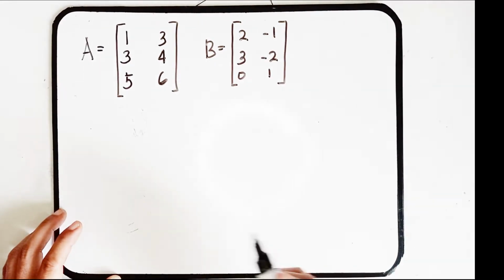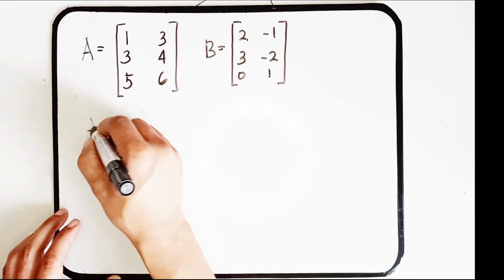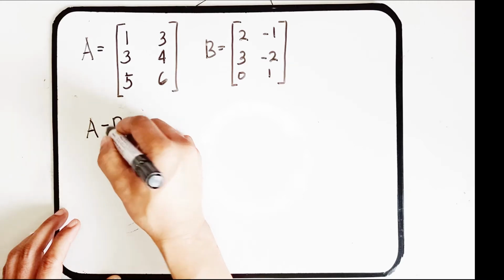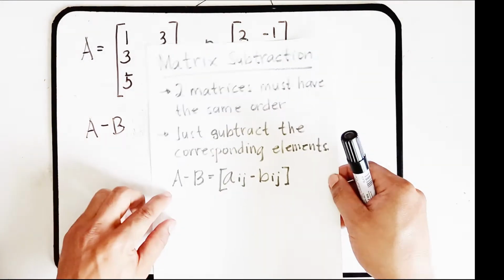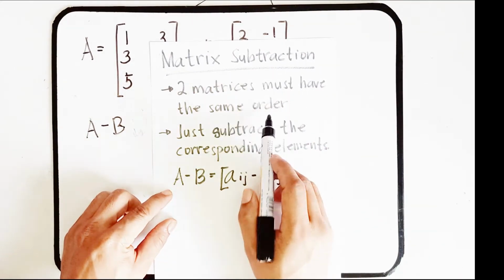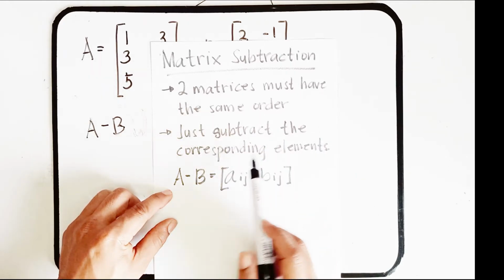Okay, so this time we will try subtraction. So let's try to solve this A minus B. Again, in our explanation a while ago about the rules for subtracting two matrices, if you can still remember the rules, we have here two matrices must have the same order, and then after you check the order of the matrices, you just subtract each element.